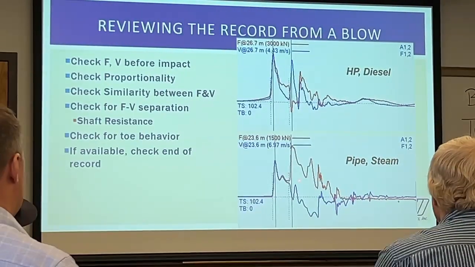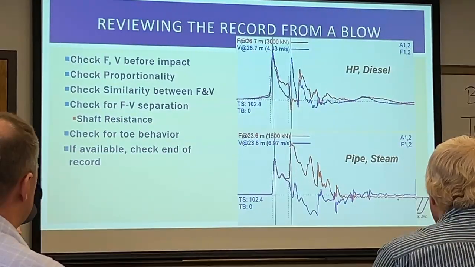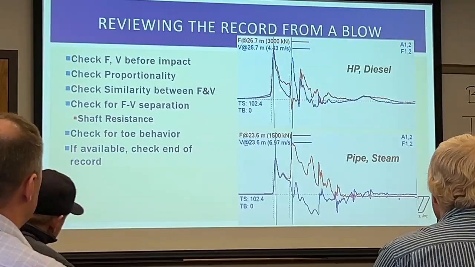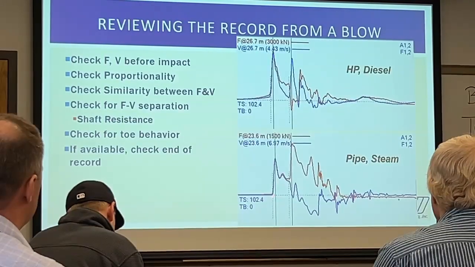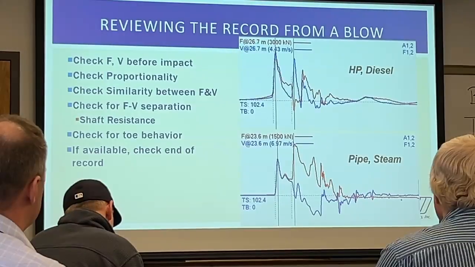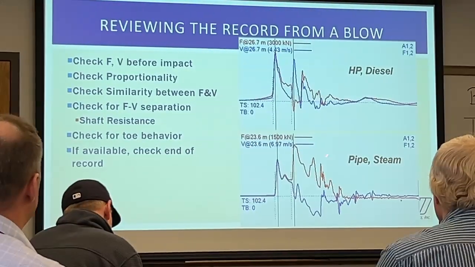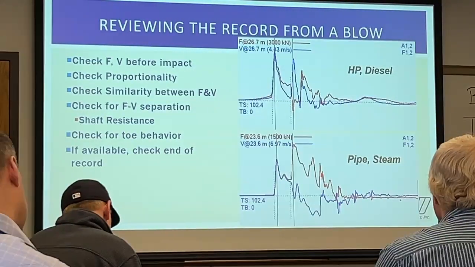If the velocity at the toe trends towards zero, that tells us we're closer to a fixed end. So in this case, I've got some shaft resistance, but not a lot of end bearing. In this case, I've got very little shaft resistance, but a whole lot of end bearing. And so this informs how we would interpret these force velocity curves.